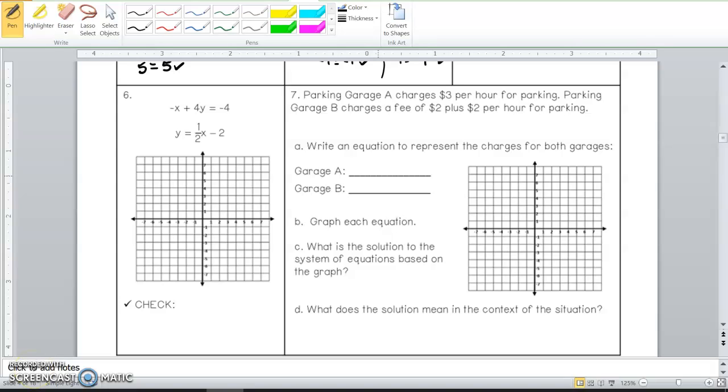It's a word problem. It says parking garage A charges $3 per hour for parking. Parking garage B charges a fee of $2 plus $2 per hour for parking. So we have two different situations here. We have parking garage A and what they charge, and parking garage B and what they charge.